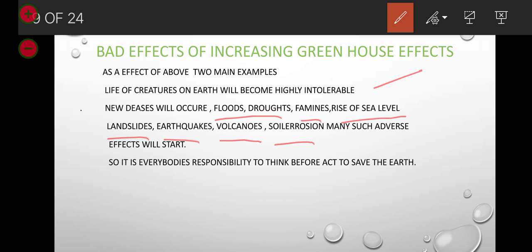These are very dangerous natural bad effects which will take the creatures' ratio to a very low level. Therefore it is everybody's responsibility to save the earth and plan so that greenhouse gases are in a proper ratio for the existence of life on the earth.